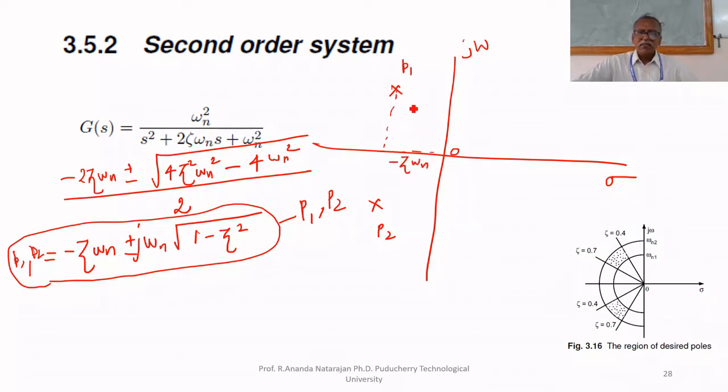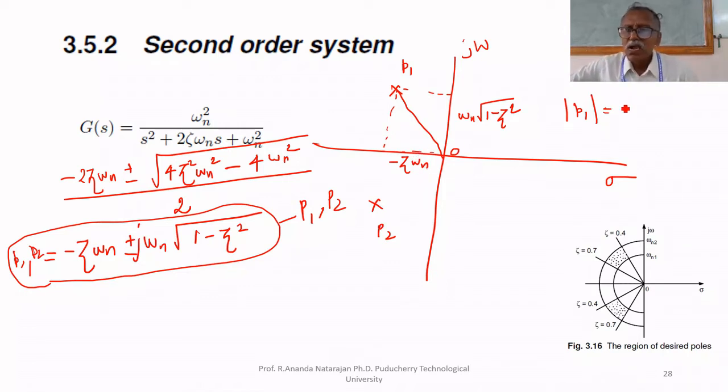This height is omega n square root of 1 minus zeta square. What is the distance here? Square root of these two. That is the distance of P1, equal to modulus of P1.